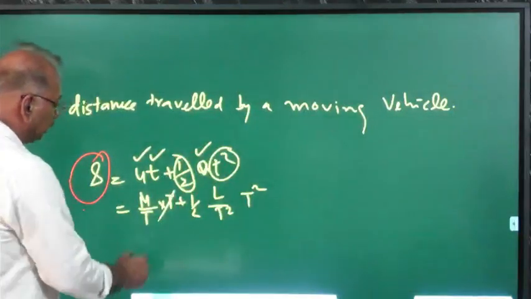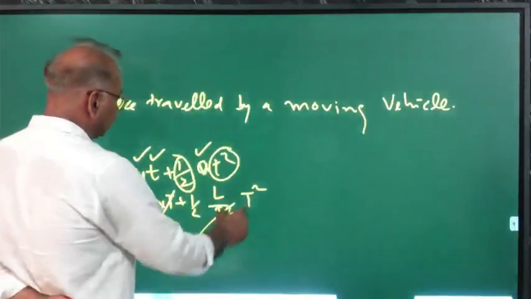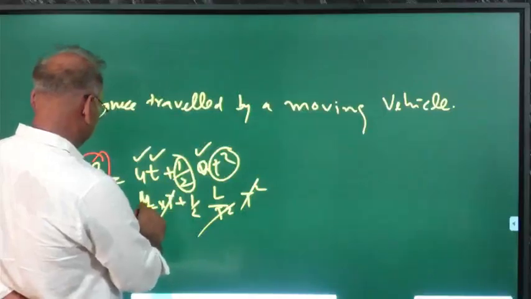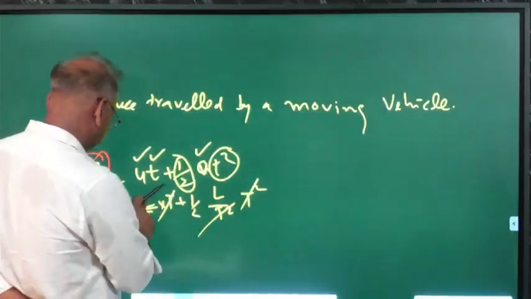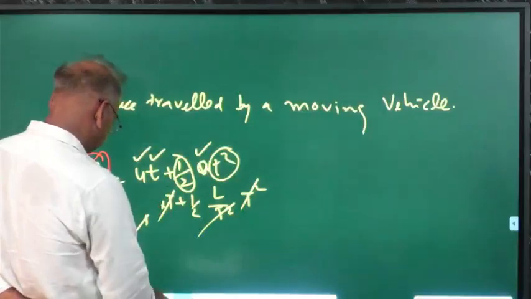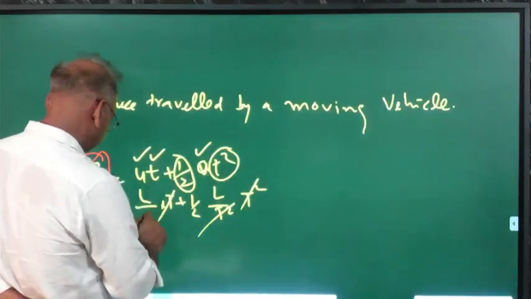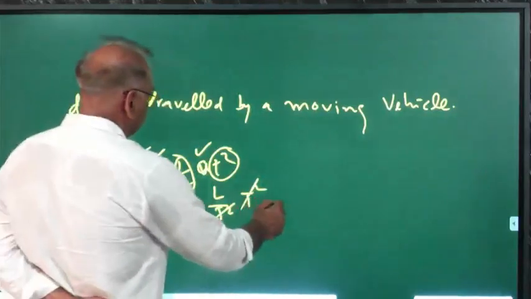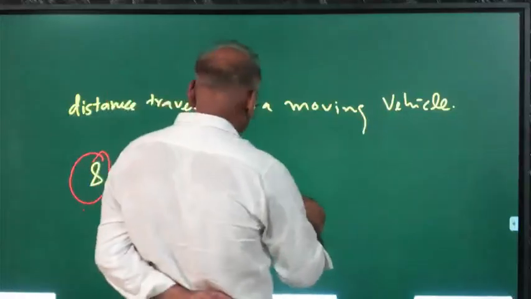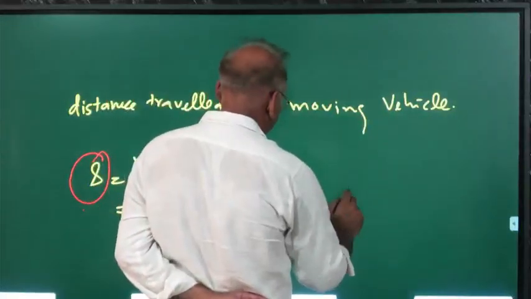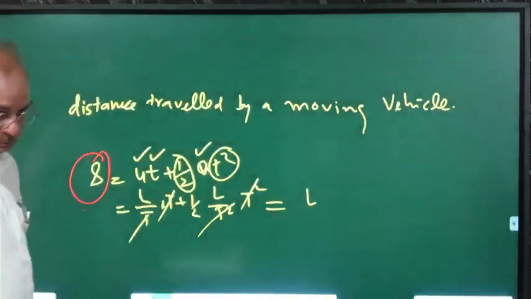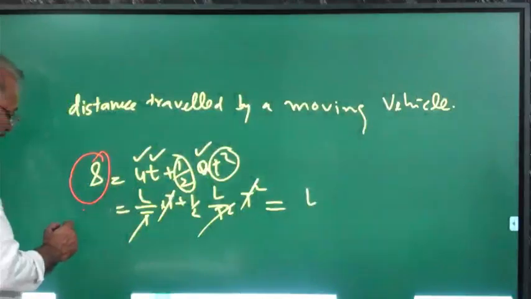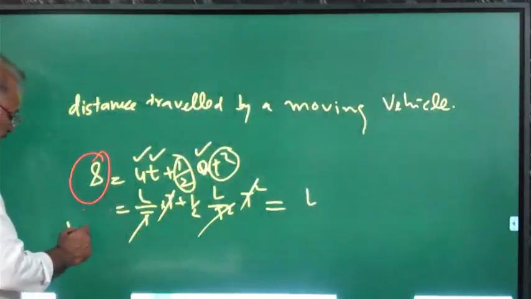T is cancelled by T squared, and, sorry, this is L, length, not mass. So it comes out that the right hand side contains only the dimension of length or distance. So the left hand side will contain only the dimension of distance.